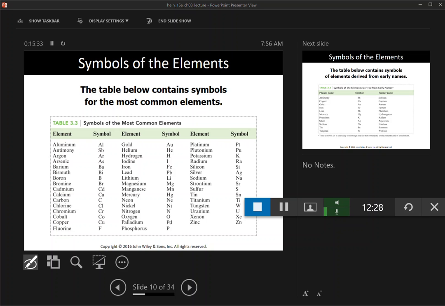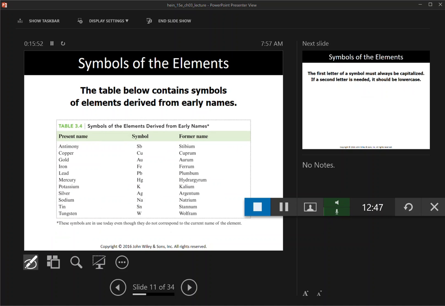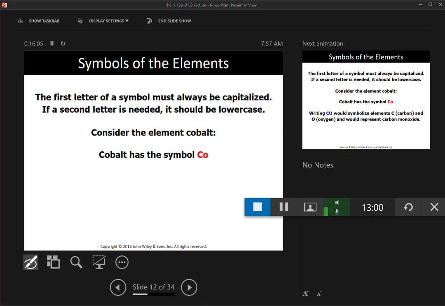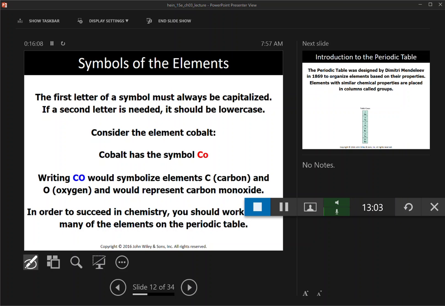So take at least 5, 10, or 15 elements each day and memorize their symbols and their names. In this table, some of the symbols match their names, some of them don't. So again, as I mentioned, the first letter has to be capitalized, the second letter has to be in lowercase in order to represent the correct symbol for the elements.